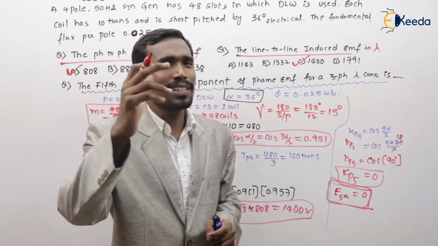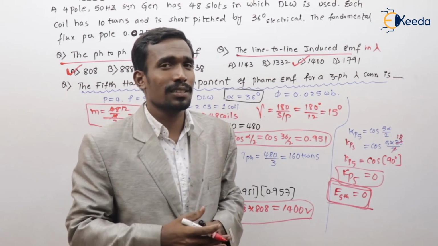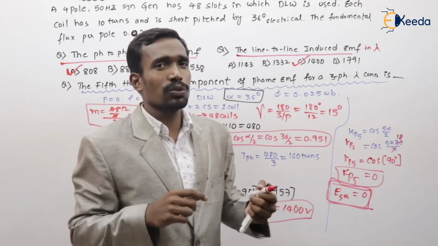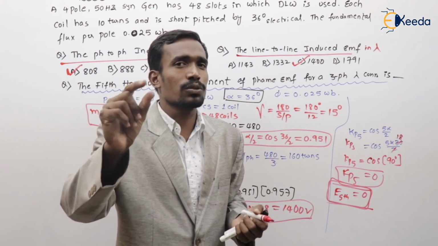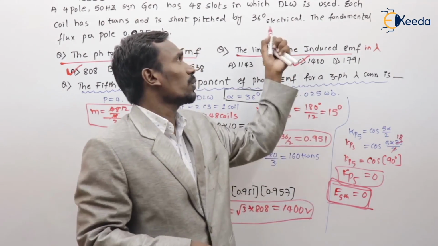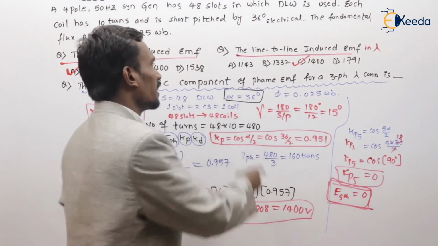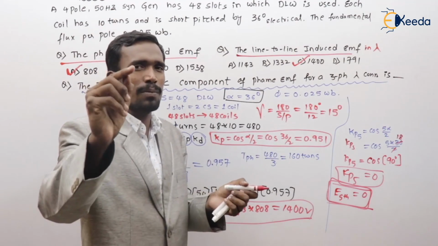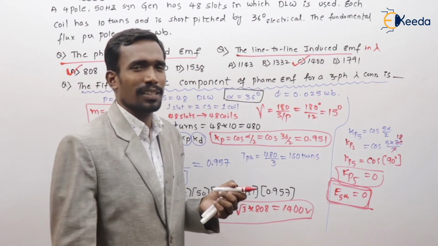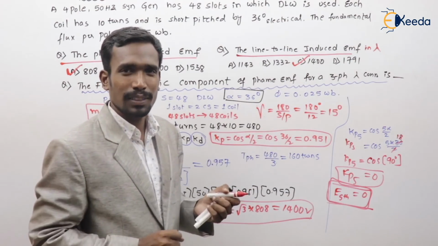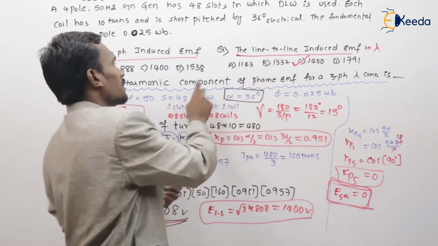So Kp5 is 0. If alpha is equal to 36 degrees, then Kp5 is 0. Then the third answer takes not even 1 second. Otherwise, you have to waste your time.